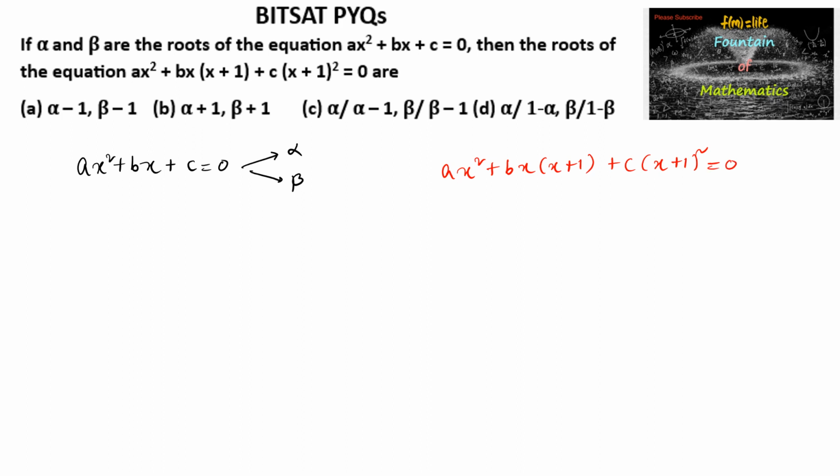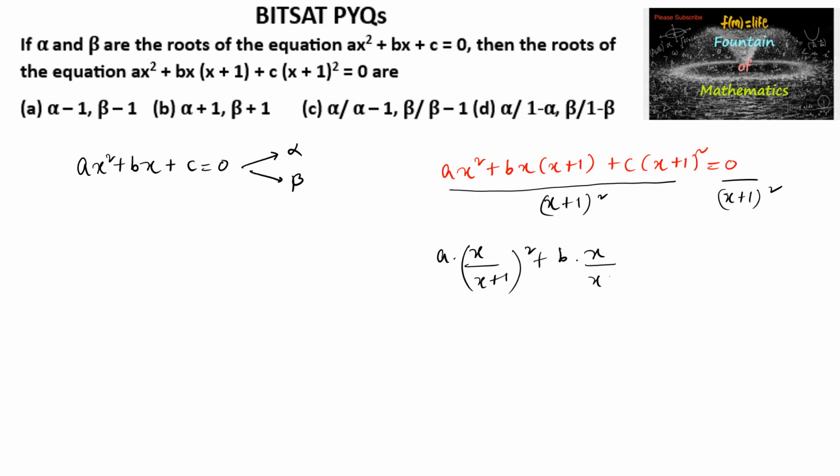So let us divide by (x plus 1) whole square on both sides. So we can write a into x upon (x plus 1) whole square plus b into x upon (x plus 1) plus c is equal to 0.